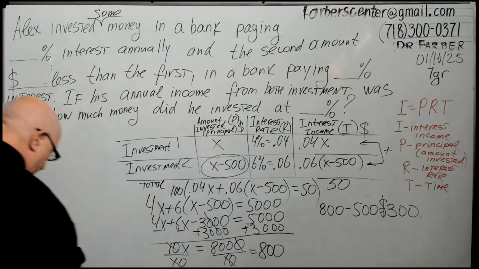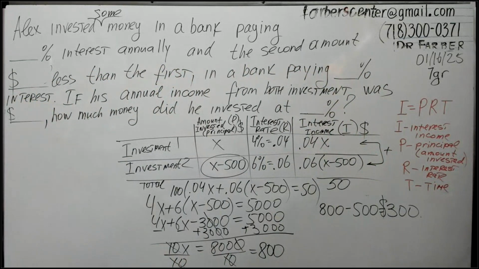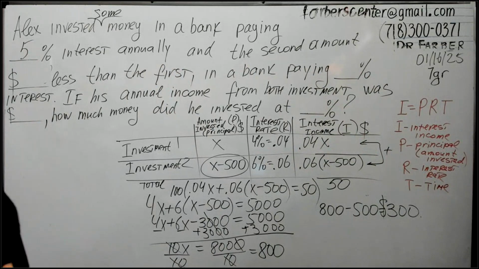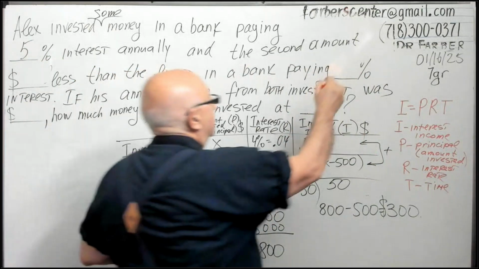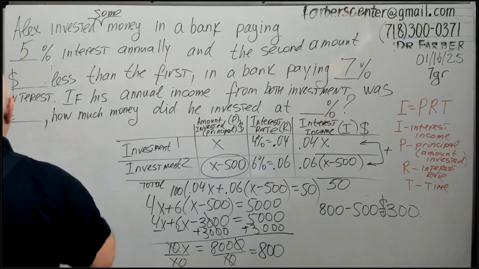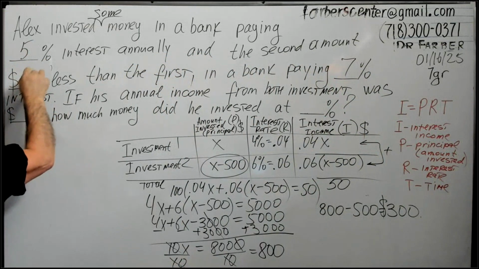For instance, okay, this is 5%. And this is 7%. And this is $100 less.